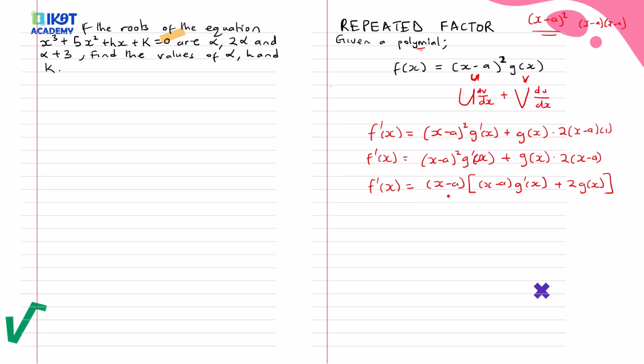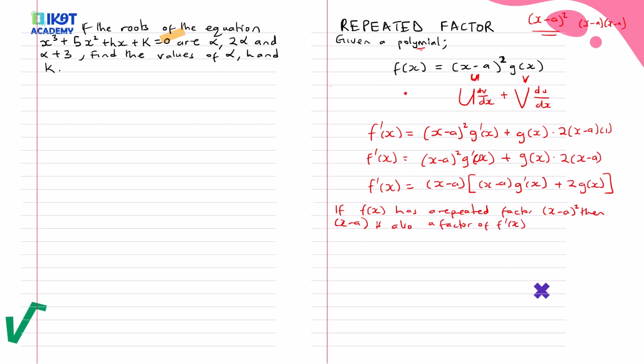So now I want us to note this is the condition. The condition is that if the function f has a repeated factor (x - a)², then x - a is also a factor of the derivative of that function.